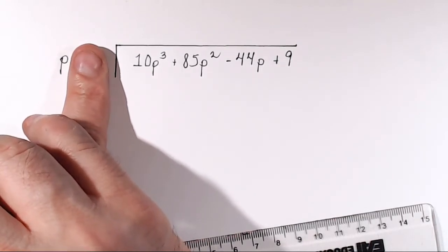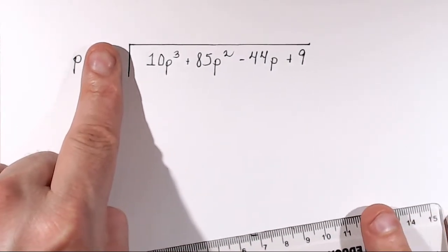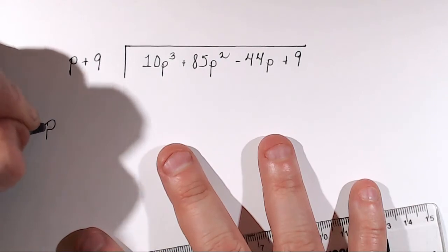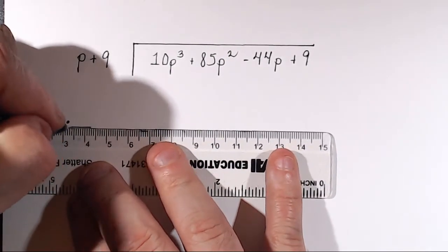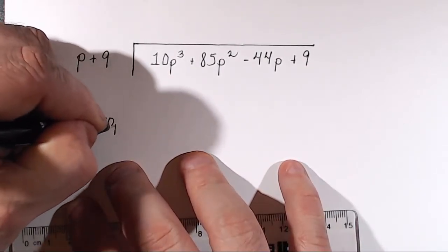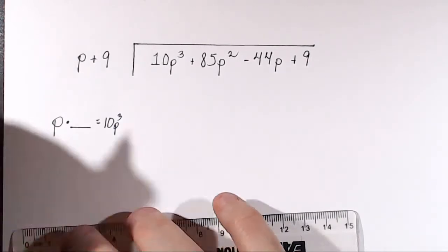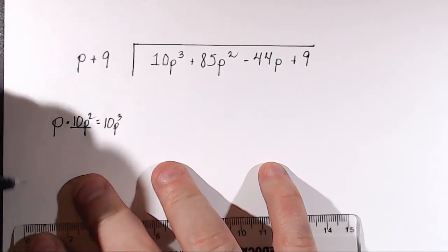P times what equals 10p cubed? And the answer is 10p squared.